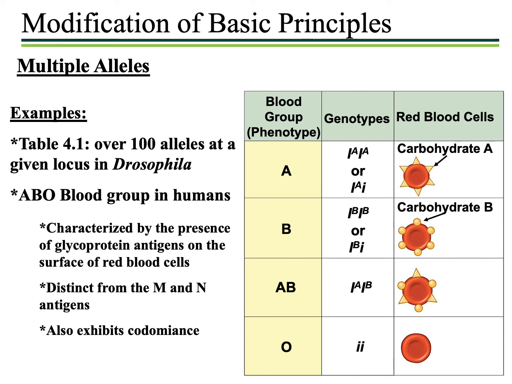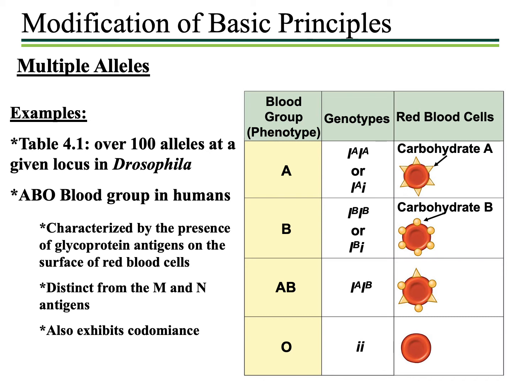Interestingly, this particular example also exhibits codominance and incomplete dominance. So let's look at the table to depict some of that. Let's first look at genotype.